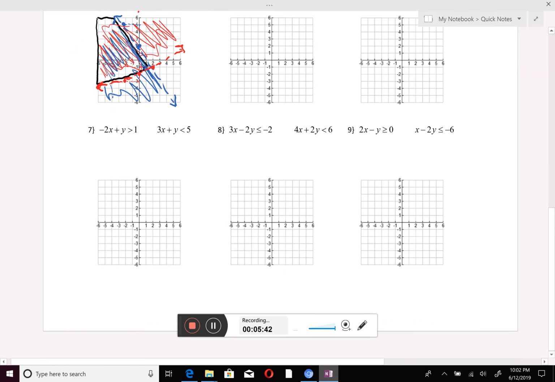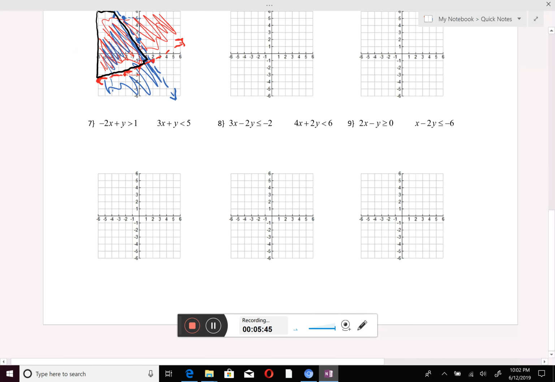And finally, for a problem where we have to do a little bit of rearranging, like number 7, we have to get the y alone. So this 2x has to get moved to the right side. So I'll add 2x, and now I'll have y is greater than 2x plus 1.